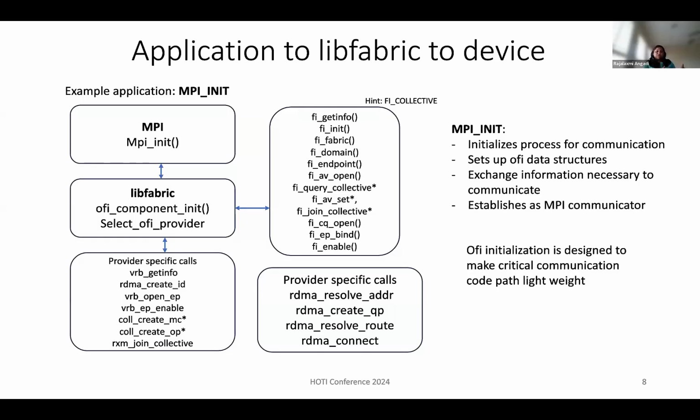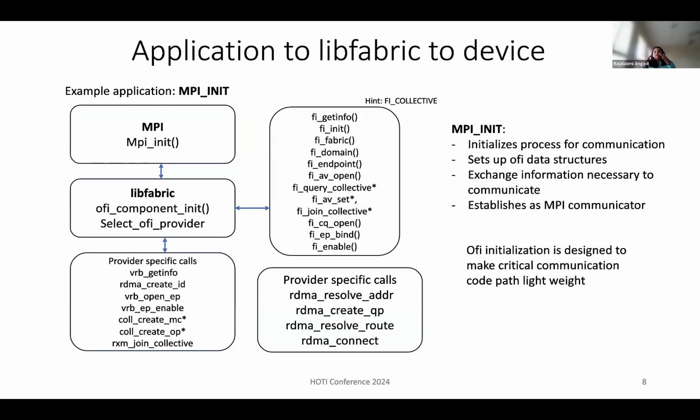One is OFI managed, wherein the provider implements the coordination in band, and the provider will talk to all the peers, set up the communication groups, and reserve the resources. And the second way is the application managed join for the collectives, wherein the application establishes an out of band connection, and the resources are already reserved there.